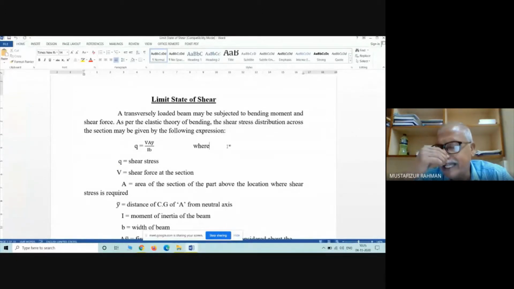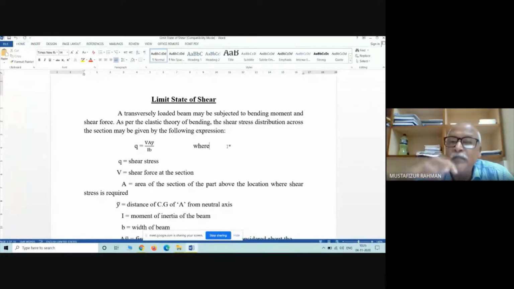So for designing with respect to bending moment, we obtained some cross section and some amount of steel required. If the member is singly reinforced, steel is only in the tension zone, and if the member is doubly reinforced, the reinforcement is provided both in the tension zone as well as the compression zone.